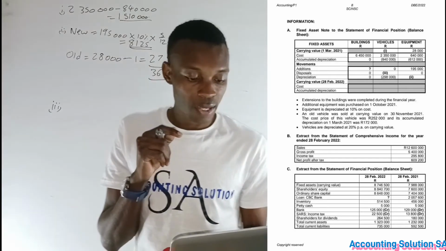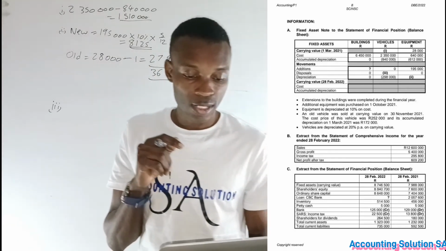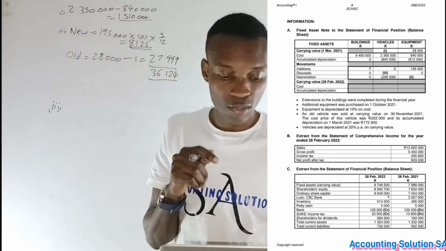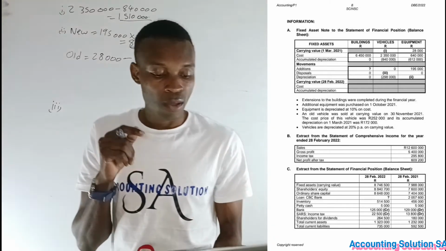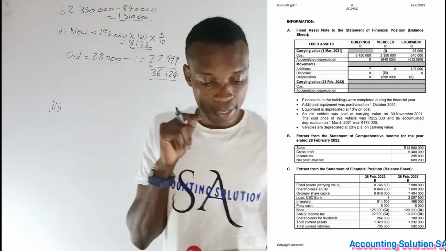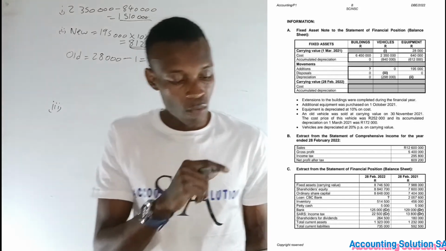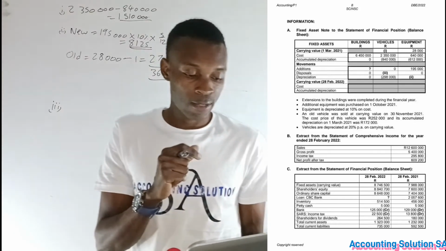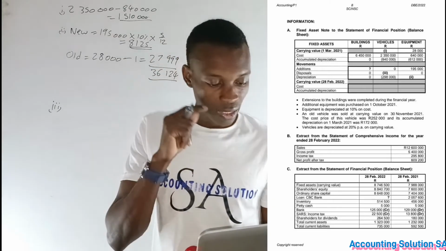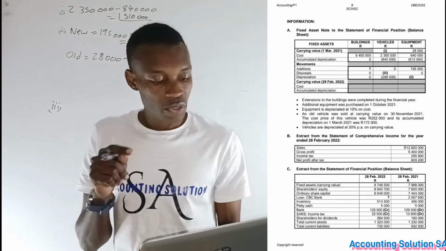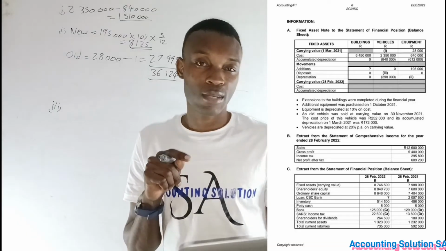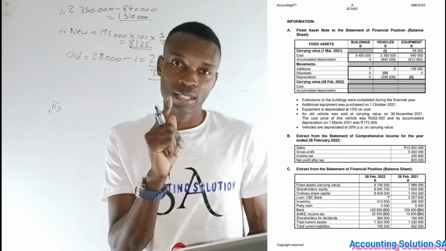The cost price of this vehicle was 252,000 and its accumulated depreciation on 1 March 2021 was 172,000. Okay, which means that in this case we have our cost price and we also have accumulated depreciation, but we have one little problem, guys.